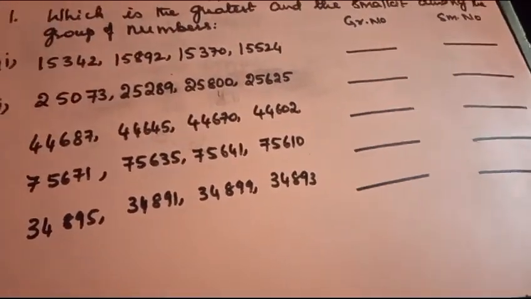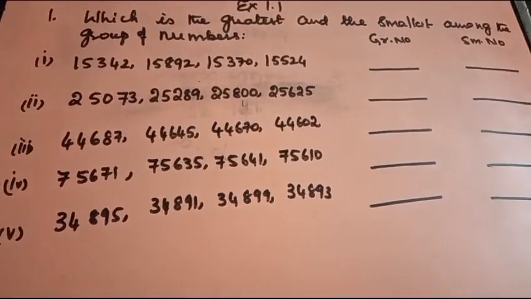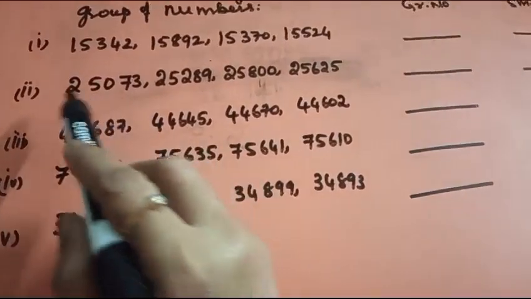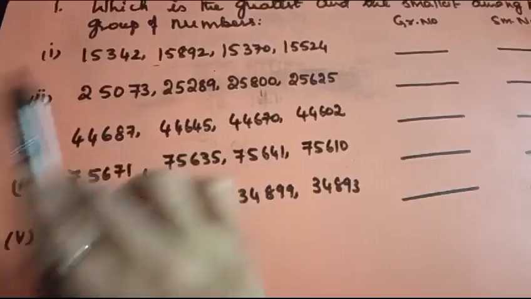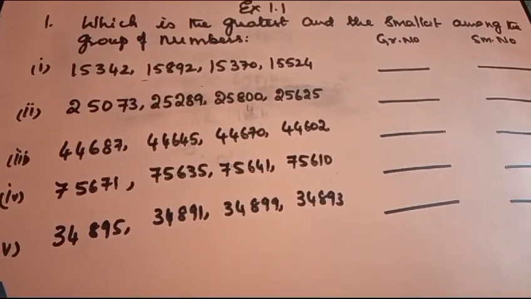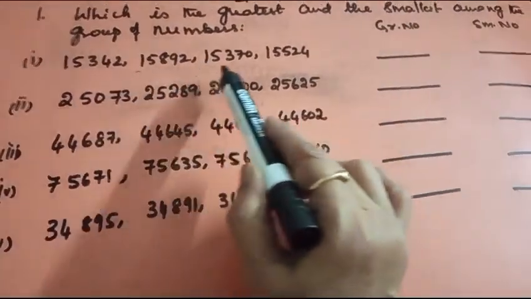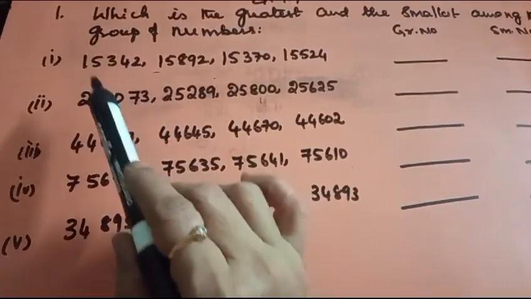Now, if you want to find out which is greatest and which is smallest, we go from the last value. That means ones, tens, hundreds, thousands, 10,000s. From the 10,000s value, you have to identify. Out of all these numbers, which 10,000s place is greatest?